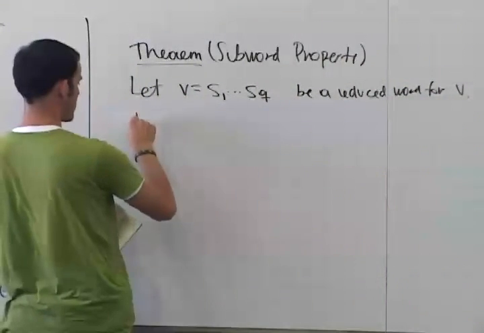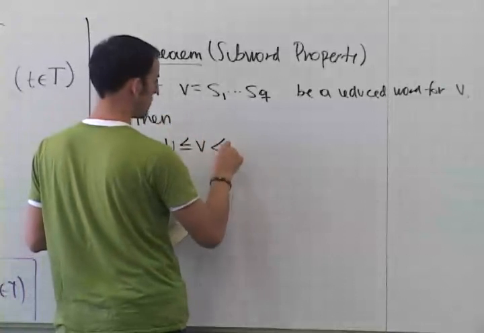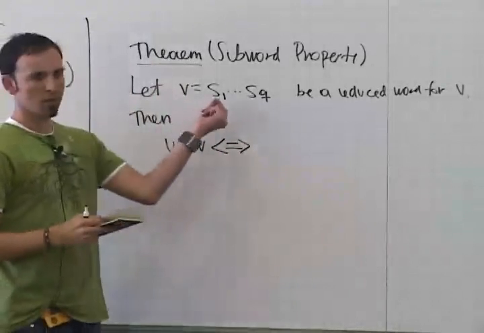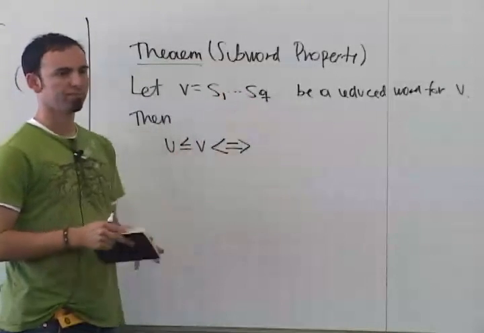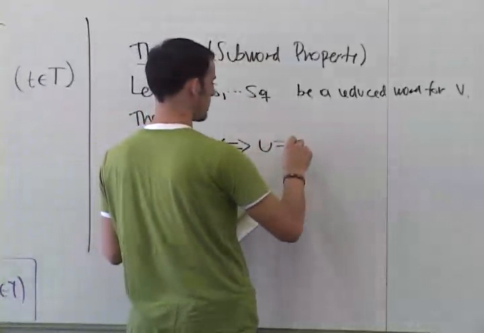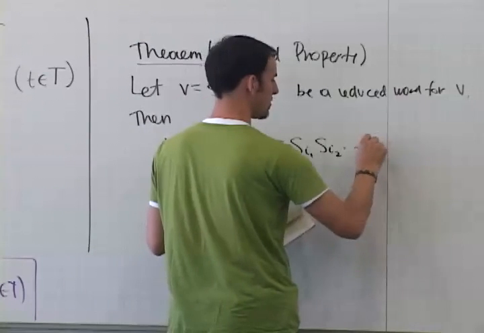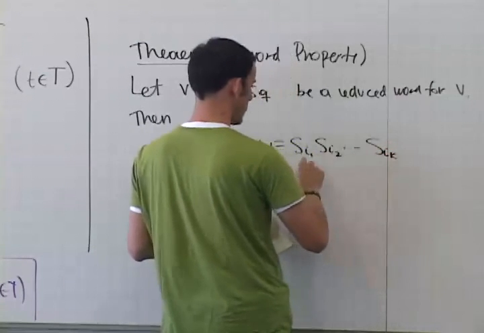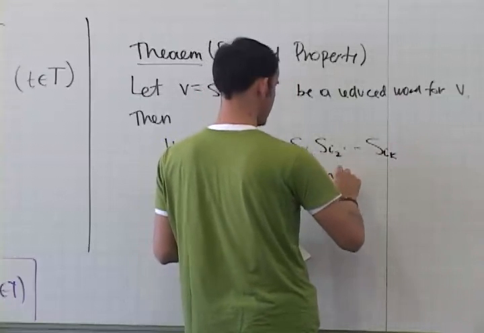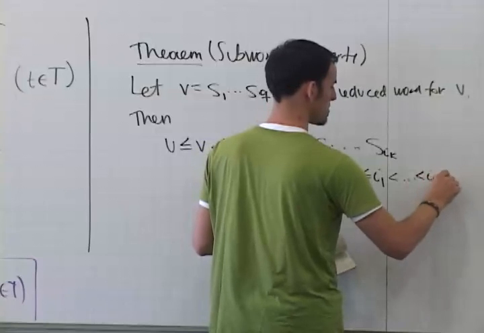Then U is less than or equal to V if and only if U is a subword of this word. So U can be written in the form S_I1, S_I2, up until S_IK for some subindices.